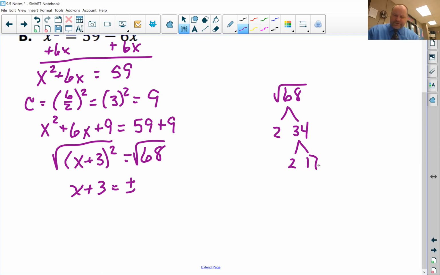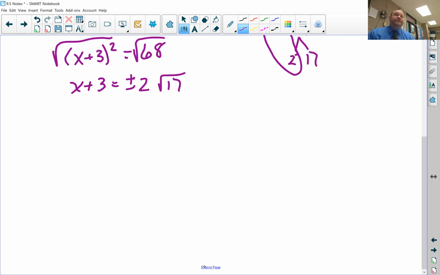In one of our earlier examples, we had 17. We know that that's a prime number. We can't pull out any perfect square factors from the 17. But I do have a pair of 2's, so I can pull out a single 2 and have the 17 left under the radical.